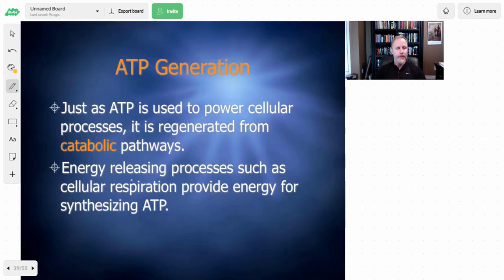All right? So ATP, we say, is what powers these cellular processes, and it's regenerated from these catabolic pathways, these breakdown pathways, and this is the process of digestion, and then your body can use the food, can use the energy containing compounds to make the ATP that's needed to run the cell.